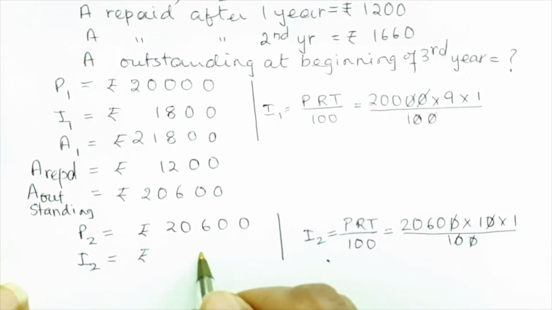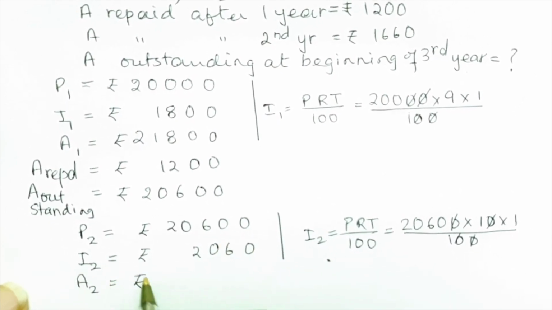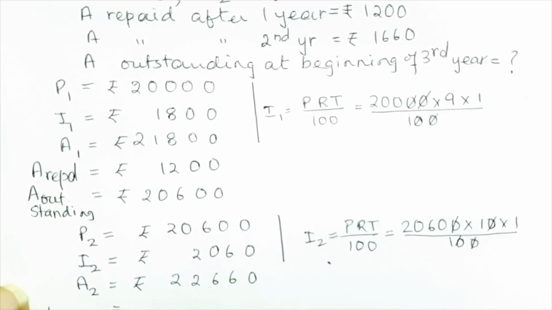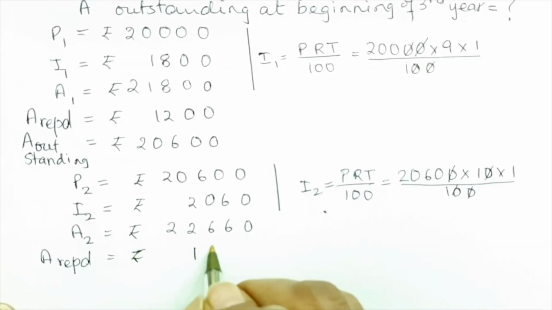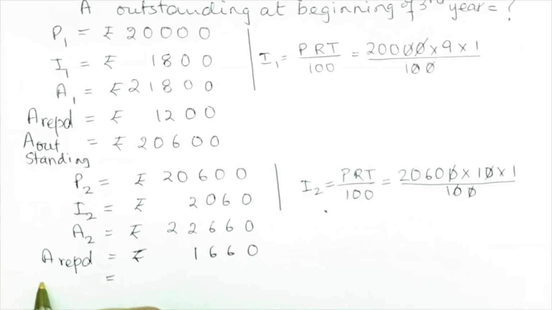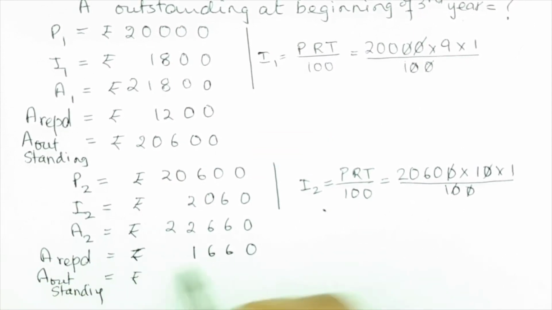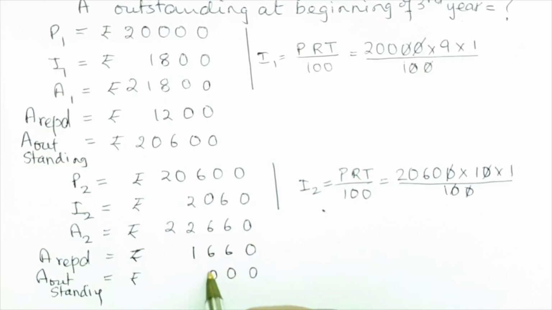So the interest is 2060, and so we'll have the amount at the end of the second year. Now we will have amount repaid is going to be rupees 1660. So amount outstanding will be, when you subtract this from this, so it will be 0, 0, 0.